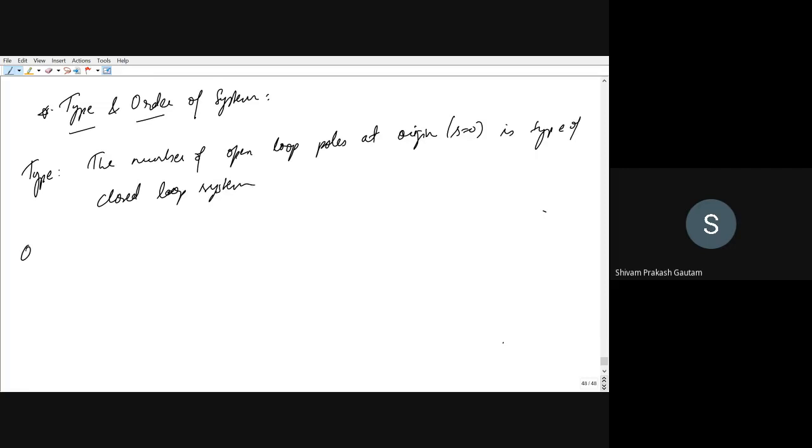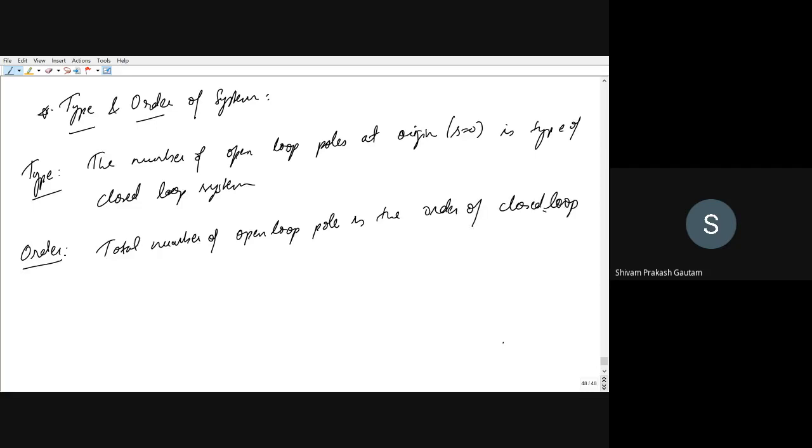Let me write the definition of order also. Total number of open loop poles is the order of the closed loop system.